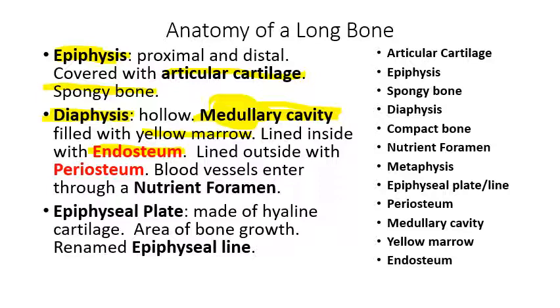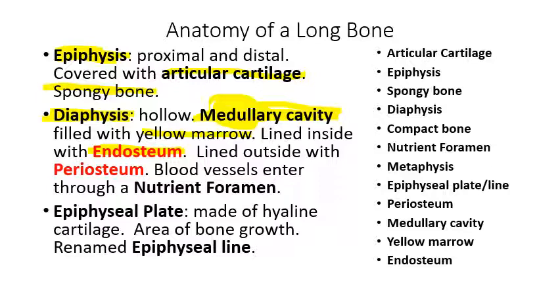Now, you also know that exo means outside, and so if you were being logical about naming these things, you would call the membrane that surrounds the outside of the bone an exosteum, but they didn't. For whatever reason, they decided to use the word periosteum.